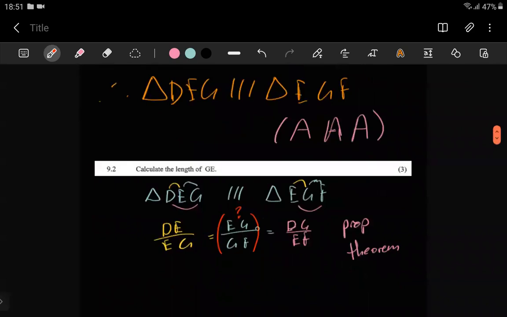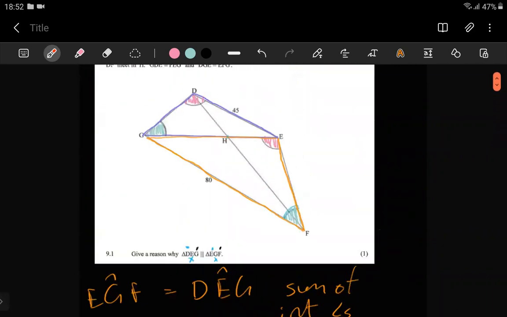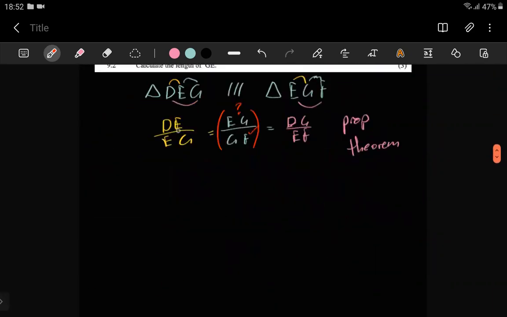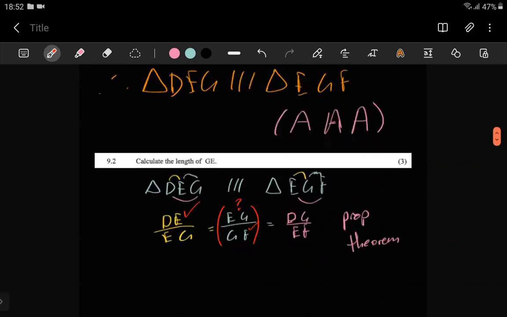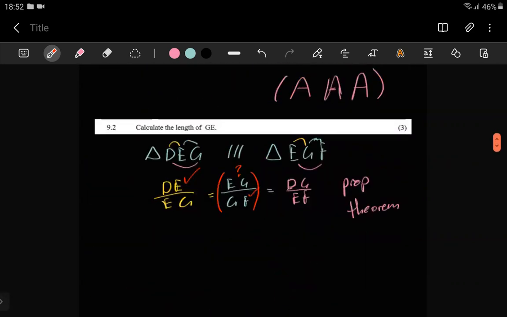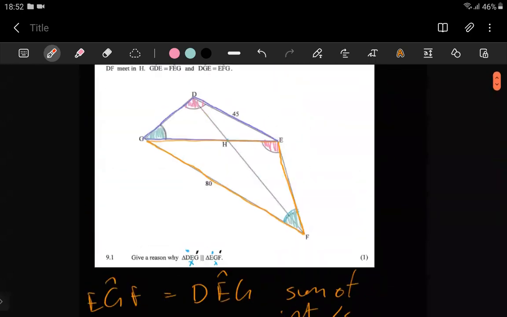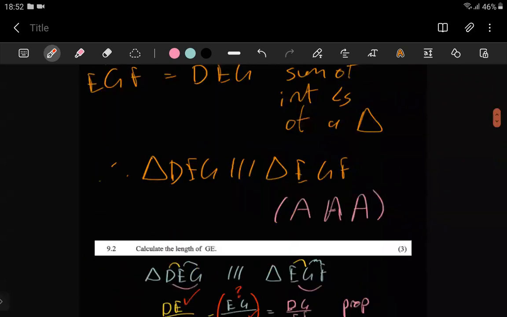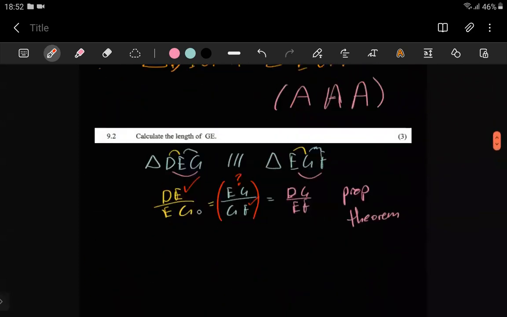It's kind of obvious because they'll always set up a question according to what they've given you. So the GF is given, perfect. What else is given? There's DE. So we might as well go with this option. What else is given? Nothing. EG is missing here. Fortunately, EG missing is still the same thing, so it's fine.